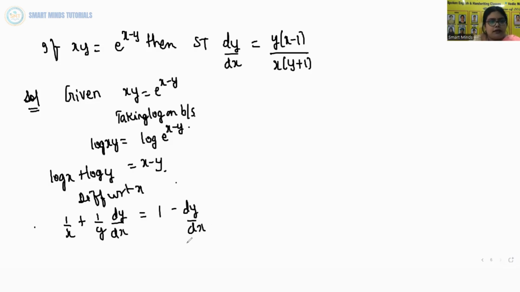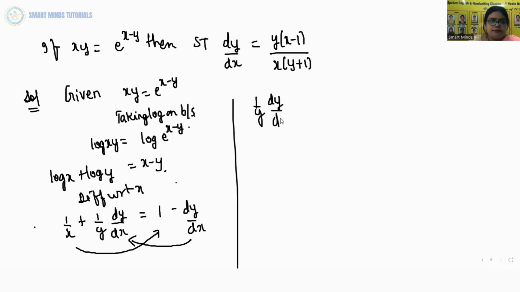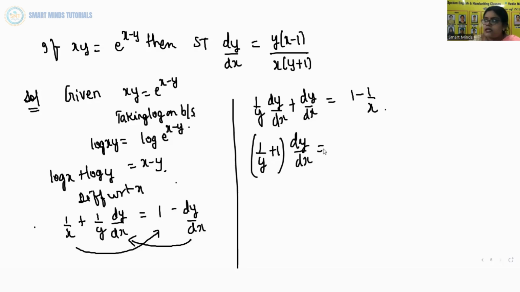Now I take this dy by dx to the other side and I take this 1 by x this side. So we get 1 by y dy by dx plus dy by dx is equal to 1 minus 1 by x. So if I take dy by dx common, we get 1 by y plus 1 into dy by dx, that is equal to 1 minus 1 by x.